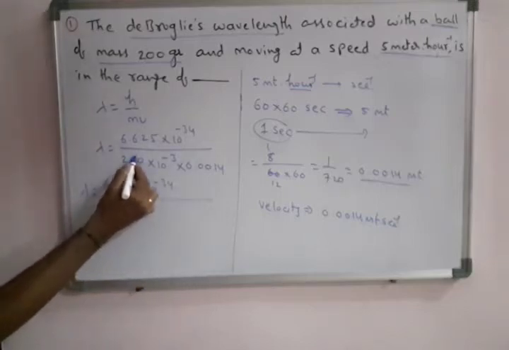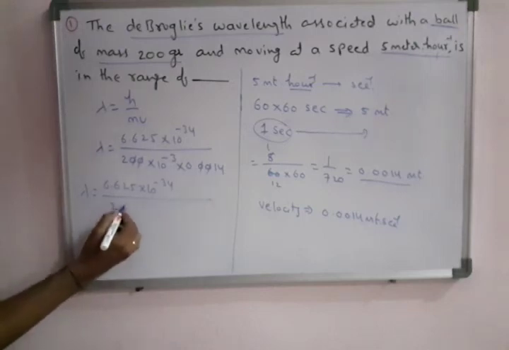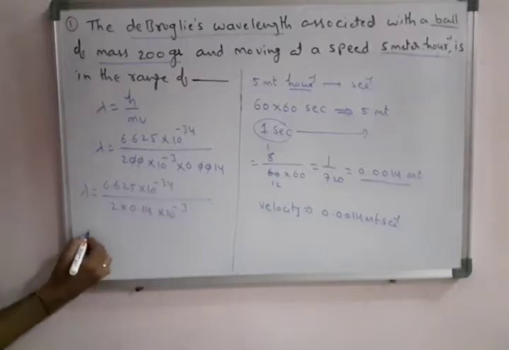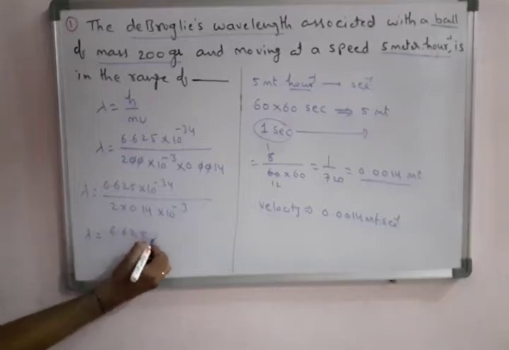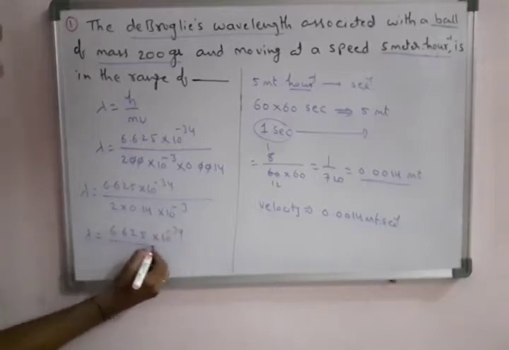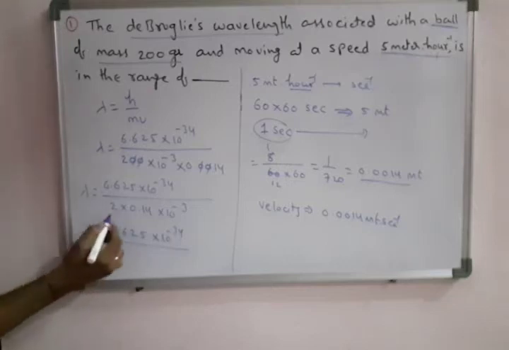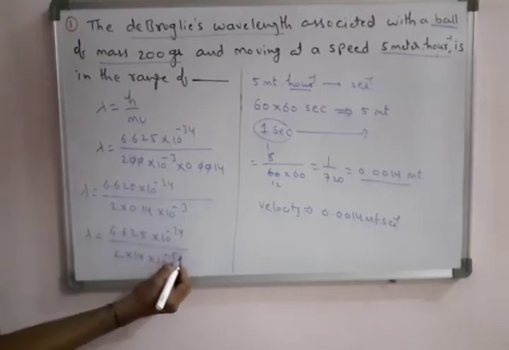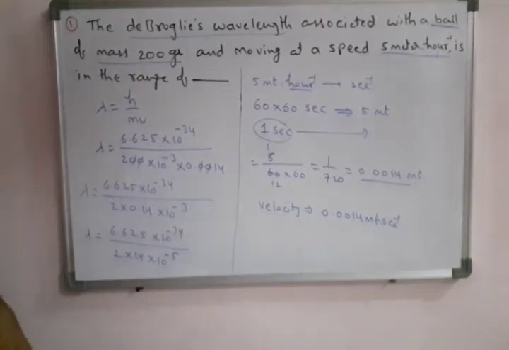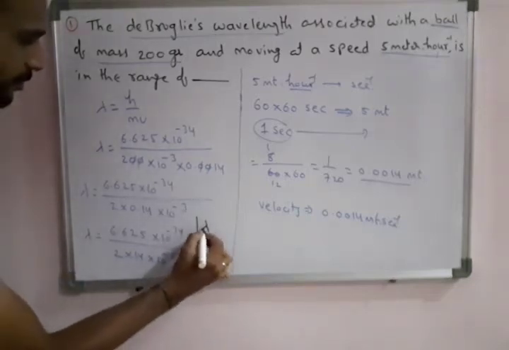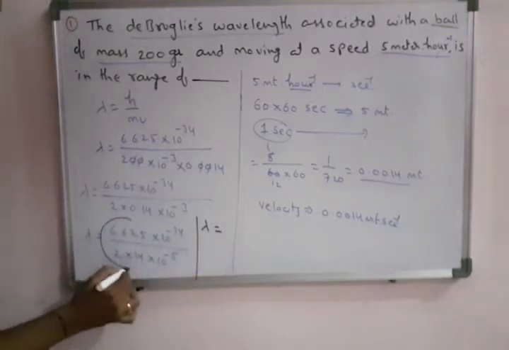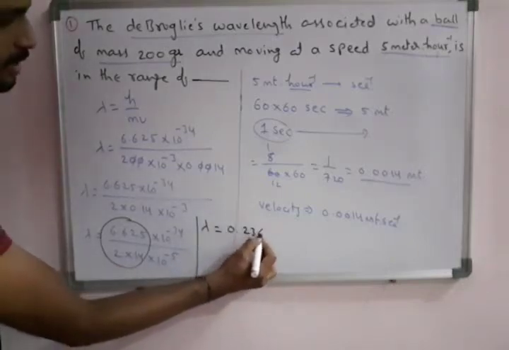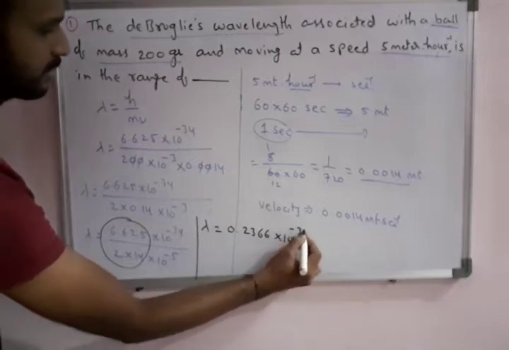The mass is 200 grams, which is 0.2 kg. The velocity is 0.14 into 10 power minus 2. Then lambda is equal to 6.625 divided by 28, and approximately we get 0.2366, with 10 to the power of minus 34.